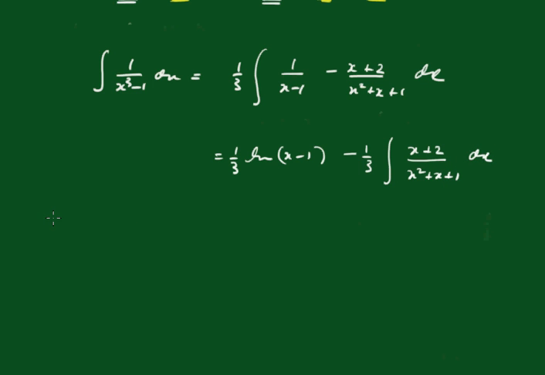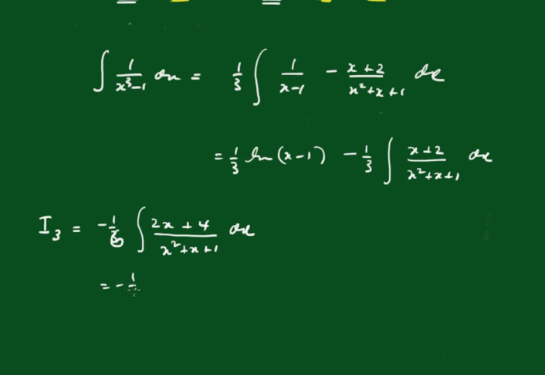So we'll have, taking this part, that's going to be I3, I think it is. It's going to be equal to minus 1/3 outside of. Now I'm going to multiply that one by 2. So that's 2x plus 4, so change that to a 6th, over (x squared plus x plus 1) dx.